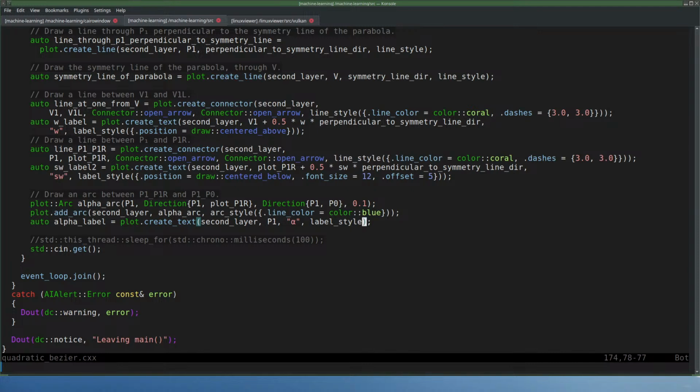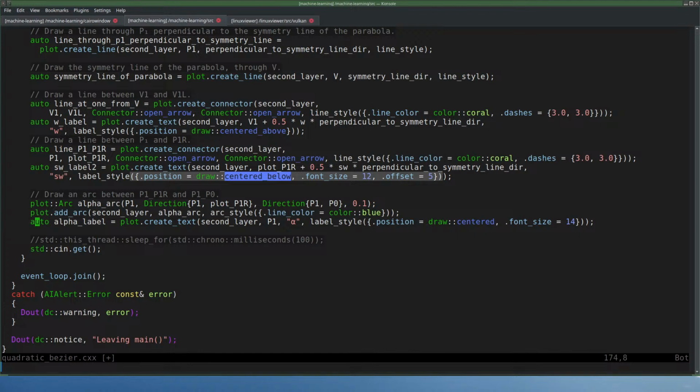So let's change the font size a little bit. I don't care about the offset, I think. Font size maybe a little bit bigger, because I'm going to put it right over the arc.